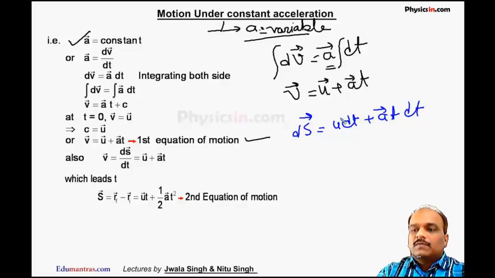On integration, we get S equal to U into t plus half A t square. This is the displacement of the particle, and that is equal to the final position vector minus the initial position vector. This equation is called the second equation of motion under constant acceleration.